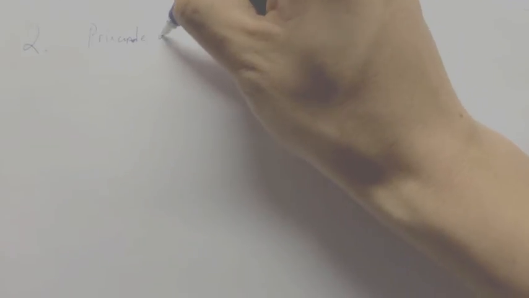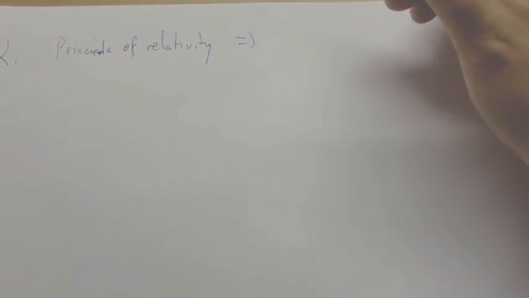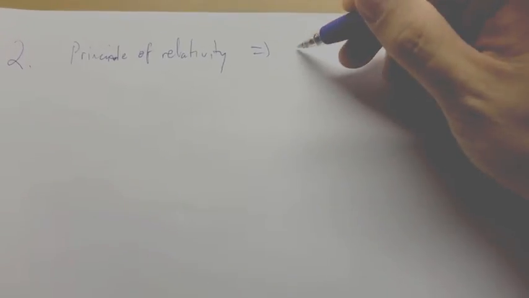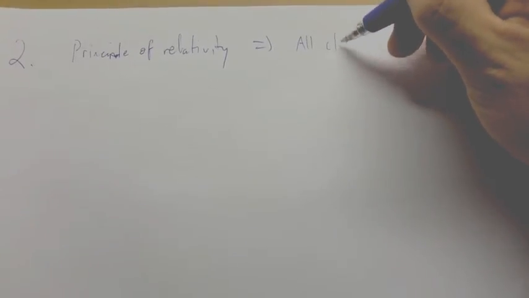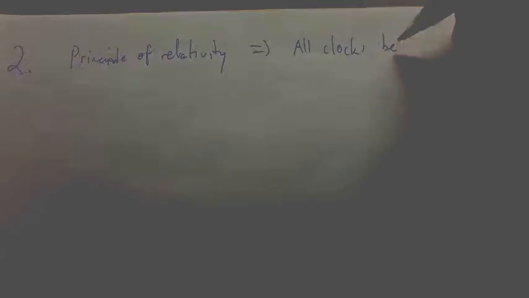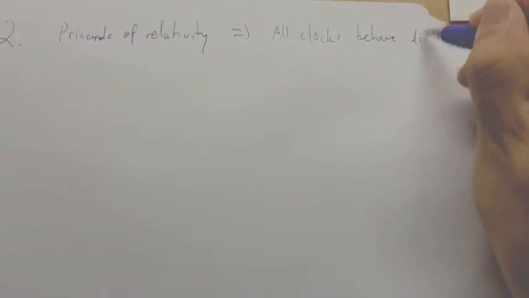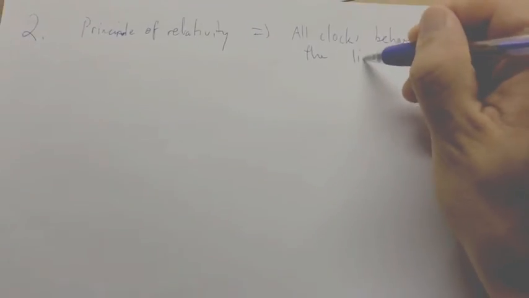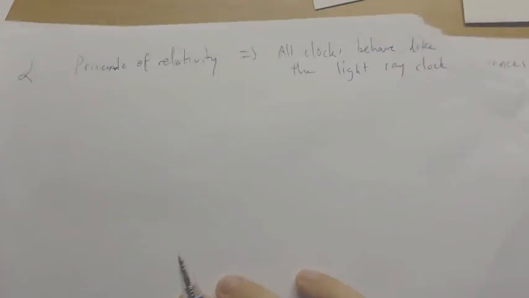Okay, so let's do the second part of this argument, where we want to show that the principle of relativity implies all clocks behave like the light ray clock.